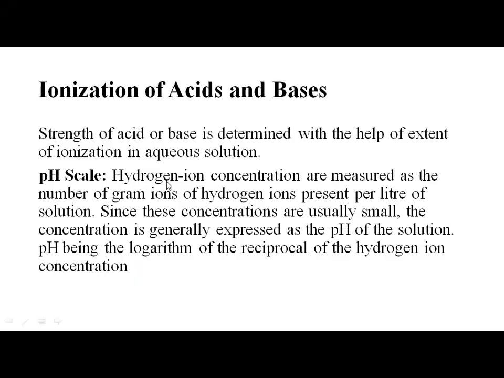So pH scale. Hydrogen ion concentration is measured as the number of gram ions of hydrogen present per liter of the solution. Since these concentrations are usually small, the concentration is generally expressed as pH of the solution, pH being the logarithm of reciprocal of hydrogen ion concentration.